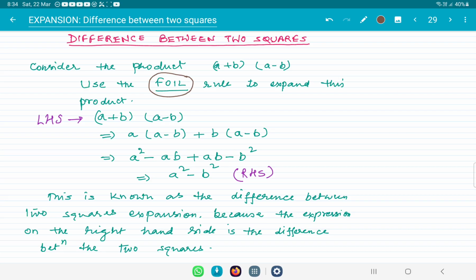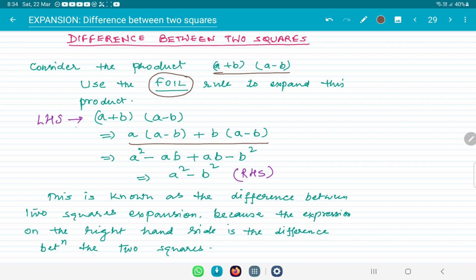So see here, consider the product (a plus b) multiplied by (a minus b). When we are multiplying a plus b and a minus b, we use the FOIL rule.